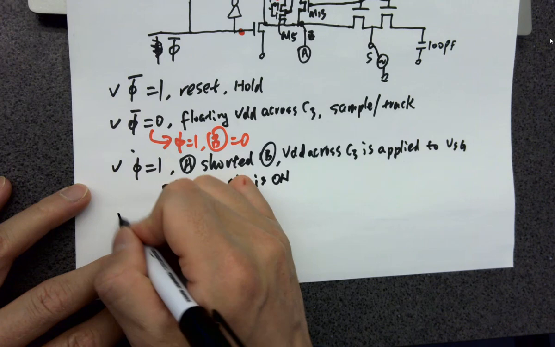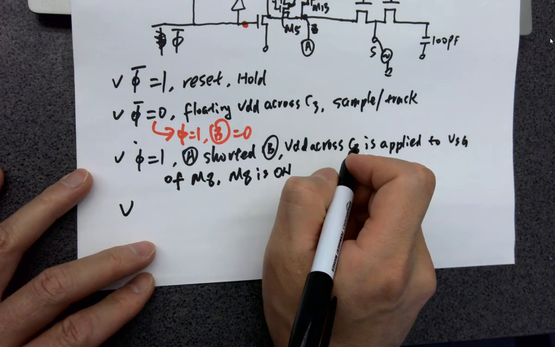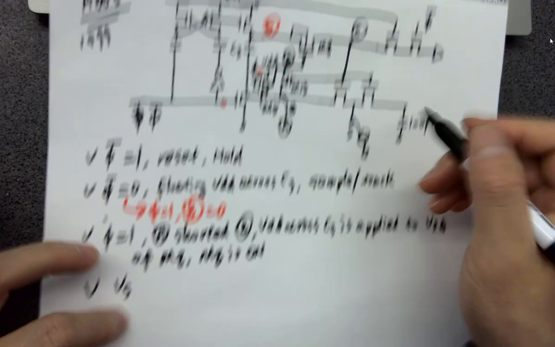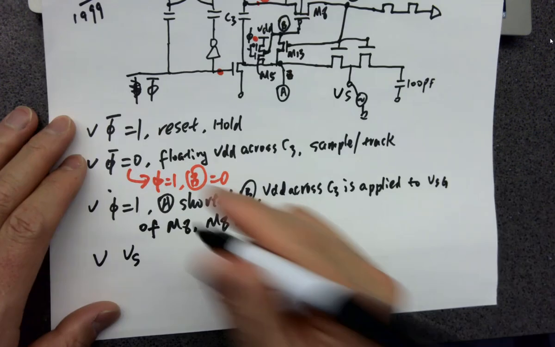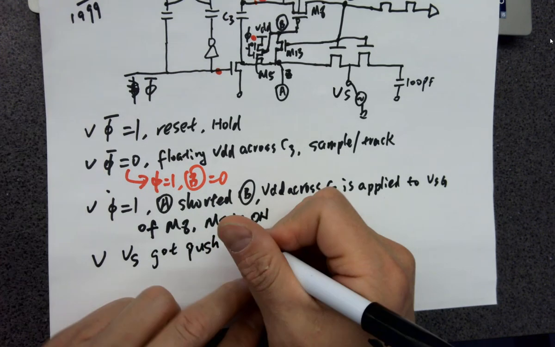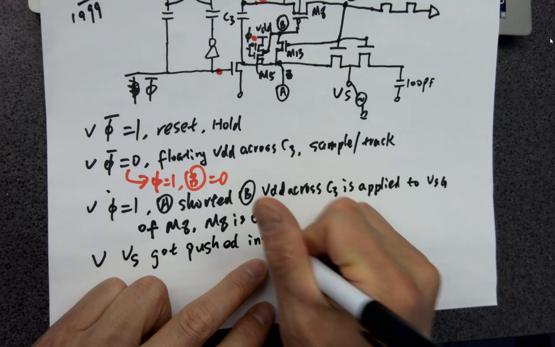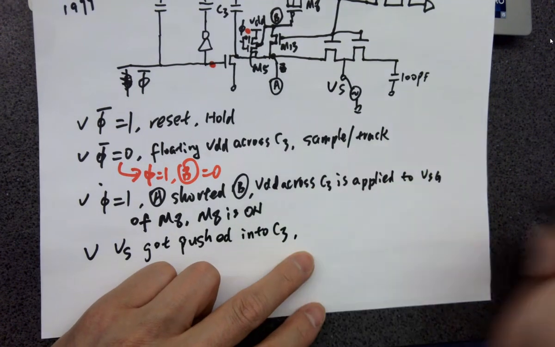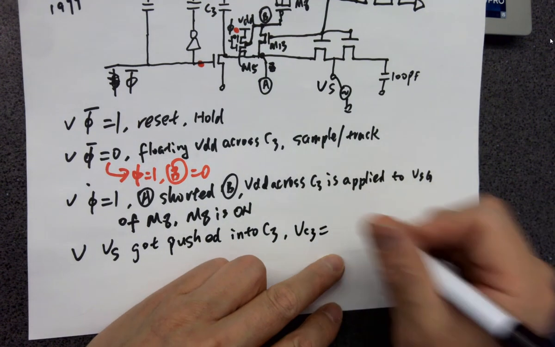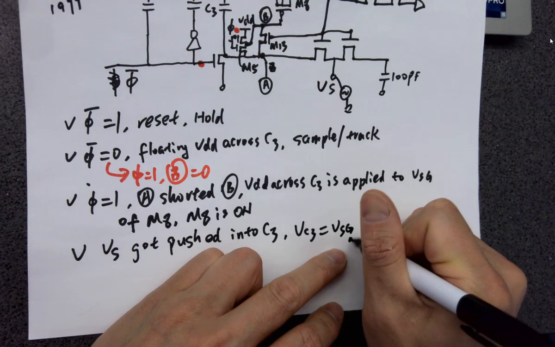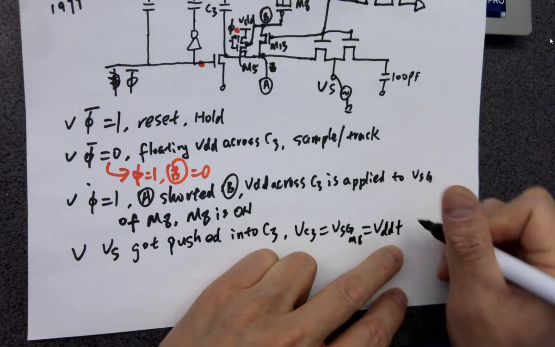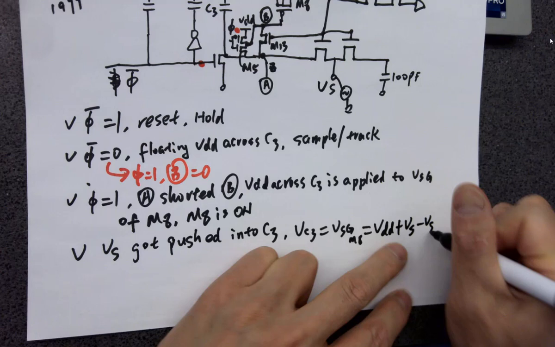And VS, so the signal here is VS. VS got pushed into C3. Okay, so VC3 eventually equals what? Equals VSG of MA, and that equals VDD plus VS minus VS, which is VDD.